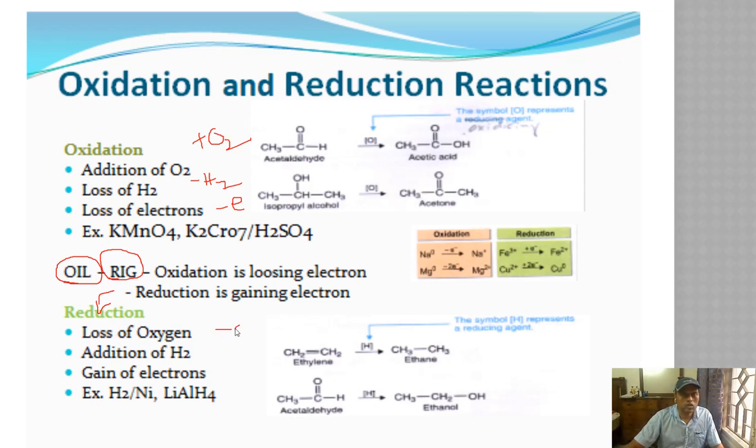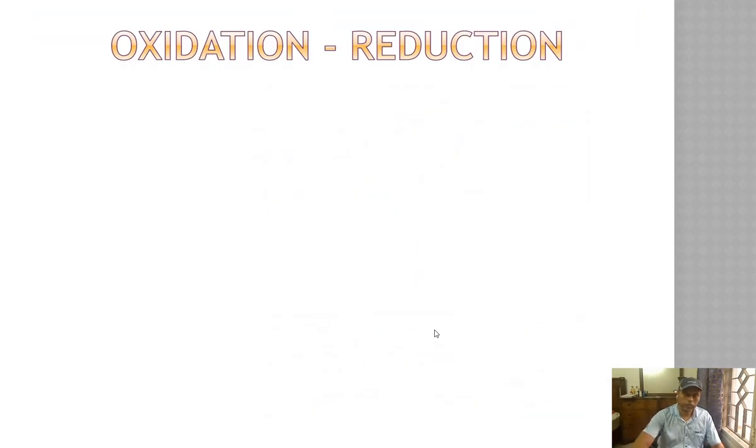It is loss of oxygen, addition of hydrogen, or gain of electrons, or pair of electrons. So these are in general what are oxidations and what are reductions. Just to remind you on that, because we are going to study the oxidation reduction reactions in this chapter.